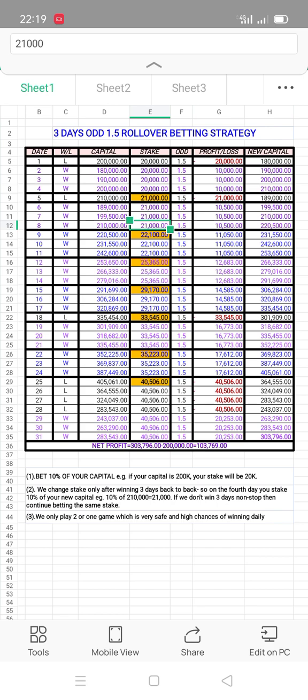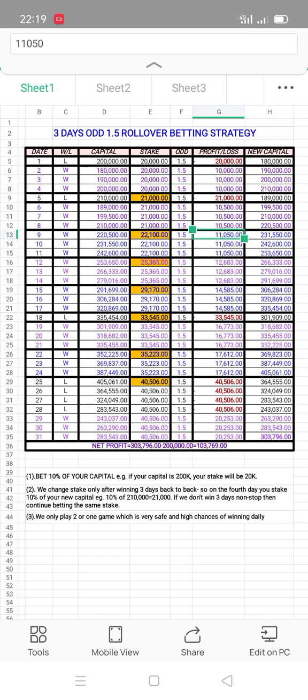Now we start another day, which is day 9. With our capital of 220, we multiply it by 10%, we get 22,100, which is our new stake. Again we won, so our net profit was 11,050. I hope you know how we are getting it.